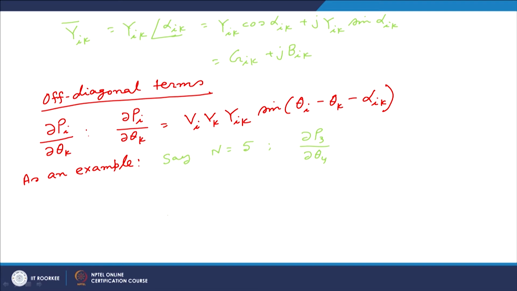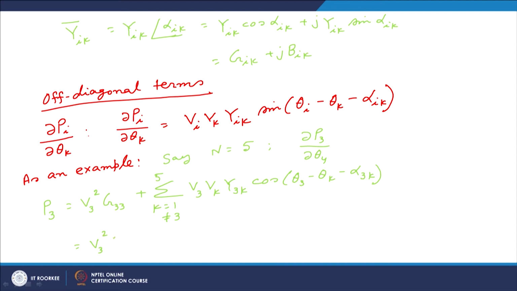From this expression, P3 would be V3 squared G33 plus the sum over k equal to 1 to 5, k not equal to 3, of V3 Vk Y3k cos of theta 3 minus theta k minus alpha 3k. If I just expand it, what do I get?